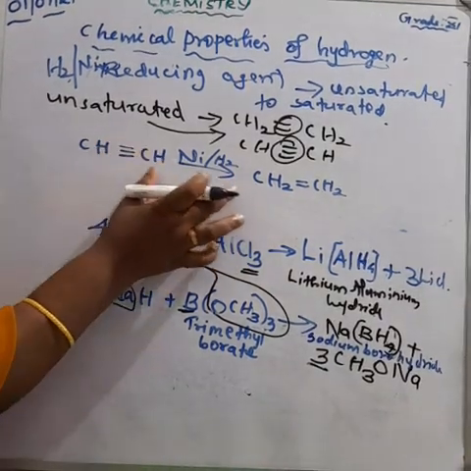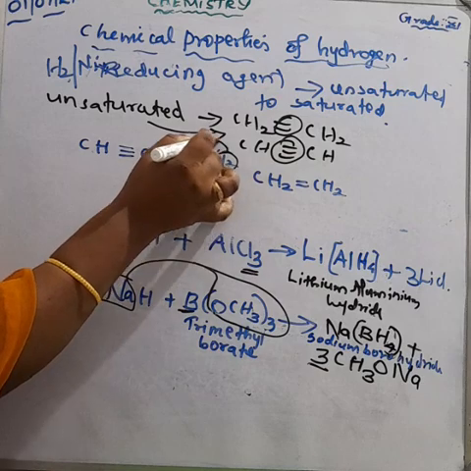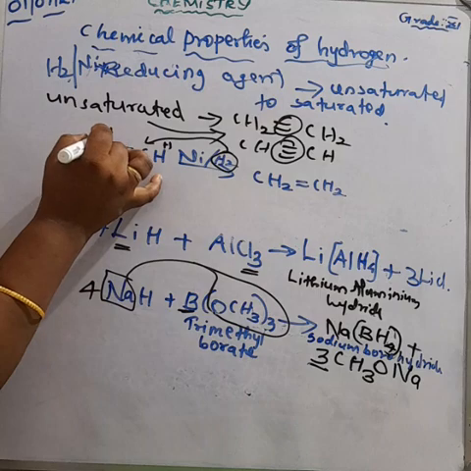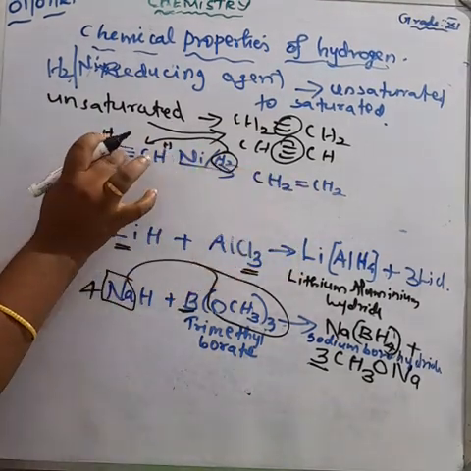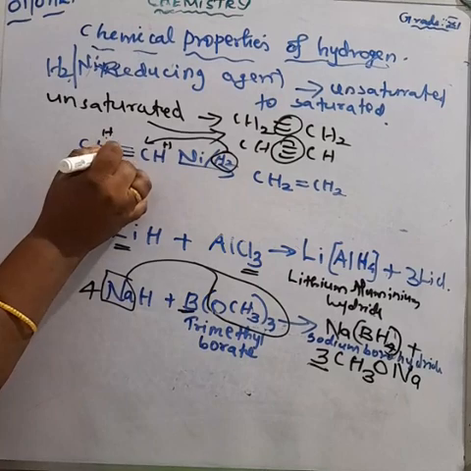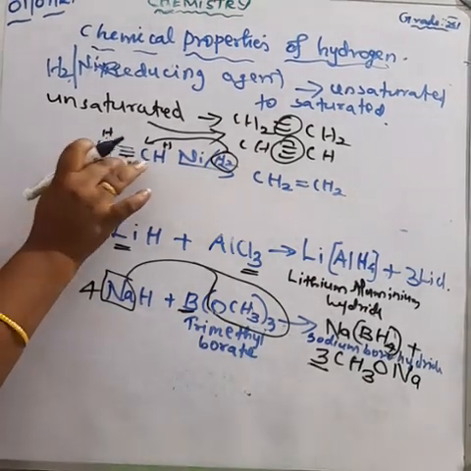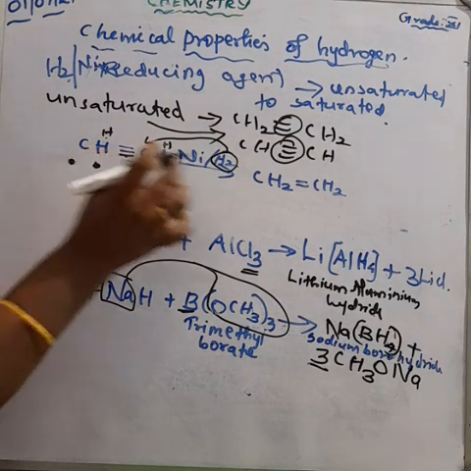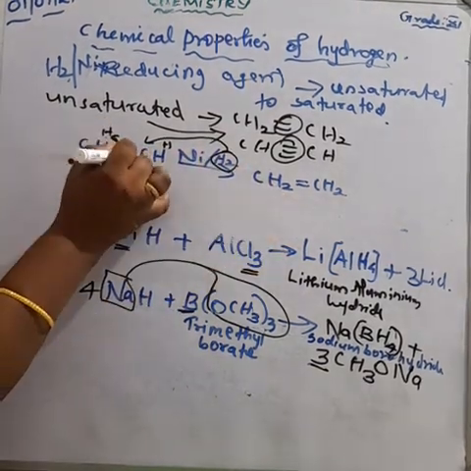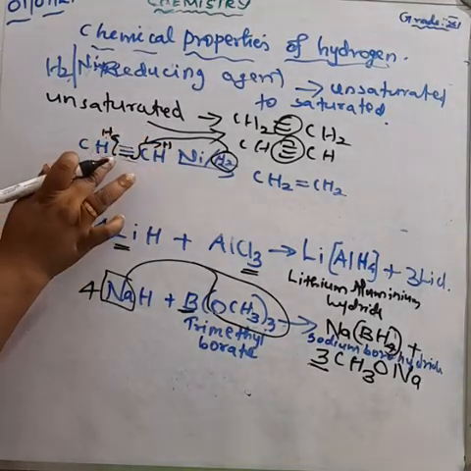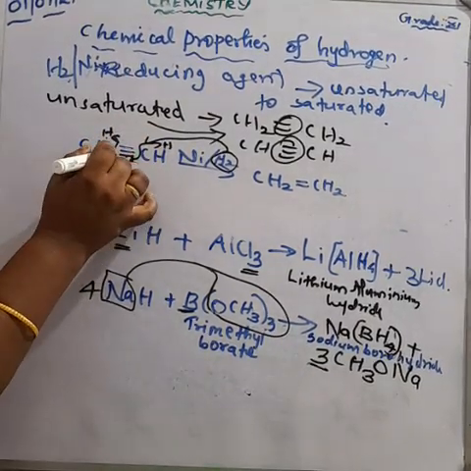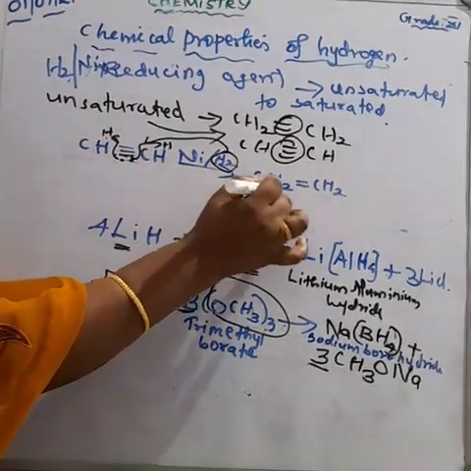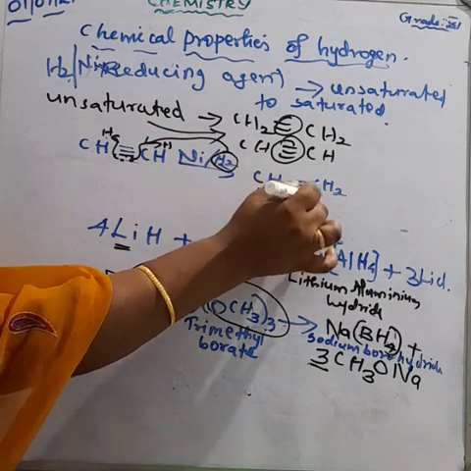These two hydrogen atoms add to the acetylene to form CH2, and one of the triple bonds breaks into a double bond. One bond has two electrons; one electron goes to one hydrogen atom, and the other electron goes to the other hydrogen atom. So acetylene reduced with nickel and hydrogen forms ethylene, CH2 double bond CH2.